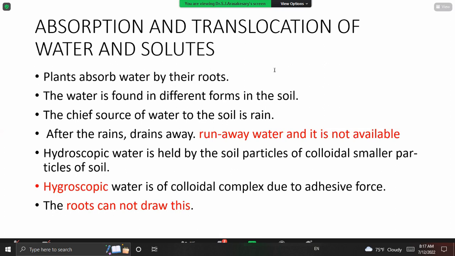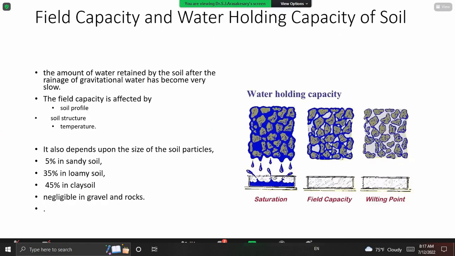So this picture explains how all these three work, but the only available water to the plant is what? Capillary water. Good. What does this diagram explain? Water holding capacity, saturation, water soil structure, and all these three affecting the water holding capacity and saturation point and wilting point.